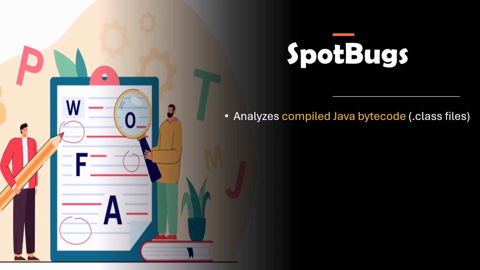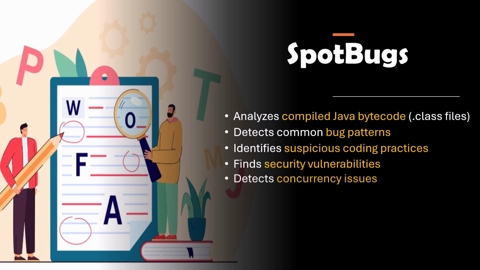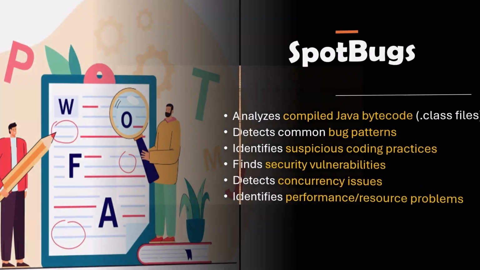SpotBugs analyzes the compiled Java bytecode rather than the raw source code. This means it examines the .class files, detects the bug patterns, and finds the suspicious coding practices. It also detects security vulnerabilities, identifies the concurrency problems, and detects the performance issues. Because it works on bytecode, SpotBugs can often discover issues that are difficult to identify using source-only analysis.